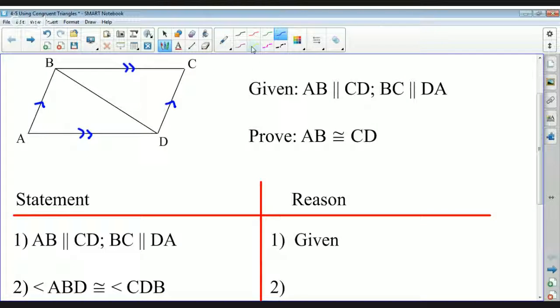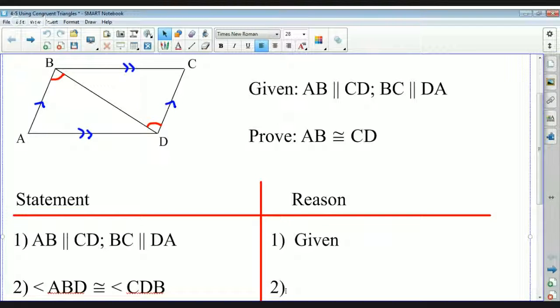So the next part of our proof is going to take a look at angle ABD. If I grab my marker here, ABD, this angle in the top left-hand corner, is congruent to CDB, the angle down in the bottom right-hand corner. Why are these 2 angles congruent? Well, remember, they're formed by parallel lines.